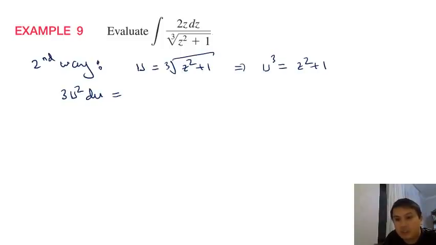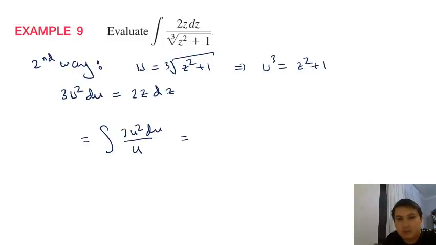So you'll get 3u squared du, and on the right, you'll get 2 times z dz. Well, again, I got this at the top, right? So then my integral, instead of 2z dz, I now need to replace it by 3u squared du, and at the bottom it's simply u, right? So it looks much simpler.